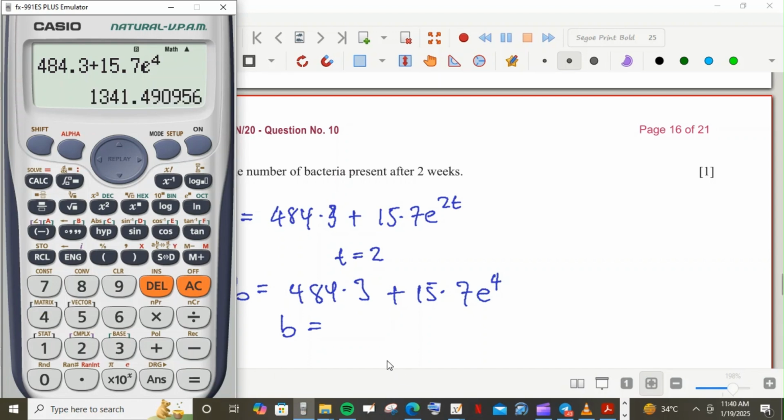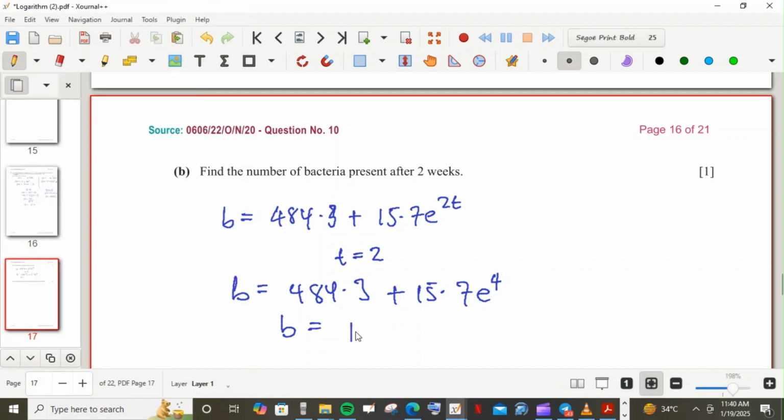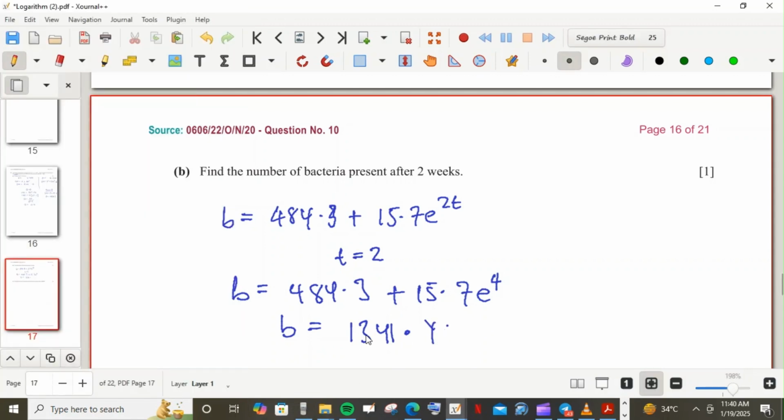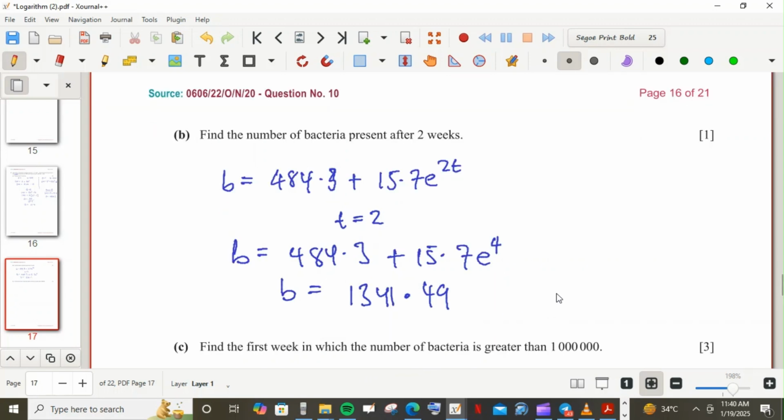I'm getting 1334.49. Okay, so now let's correct this to its number of bacteria, to 3 significant figures. So this one will be 1,330. Don't leave your answer as a decimal.